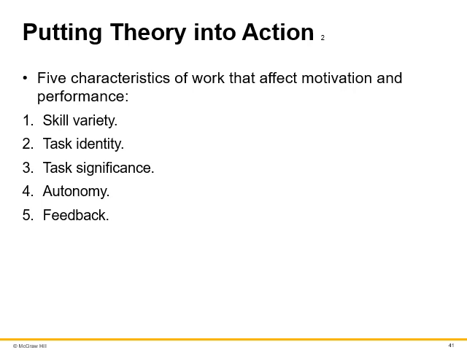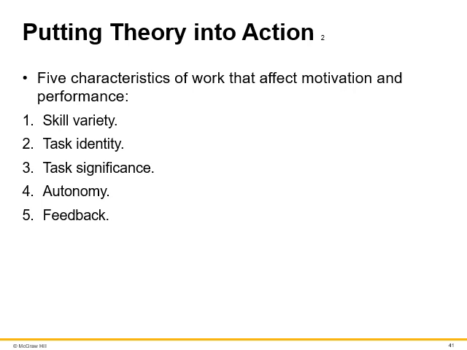Those who advocate job enrichment believe that 5 characteristics of work are important in motivation and performance. The 5 characteristics are skill variety, which is the extent to which a job demands different skills.